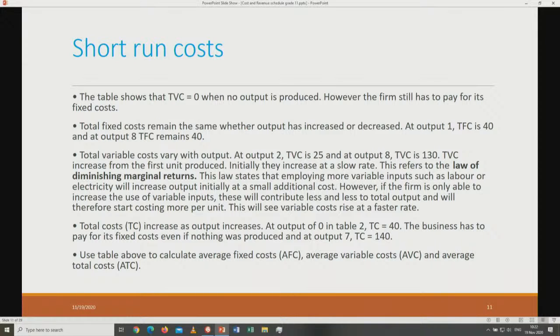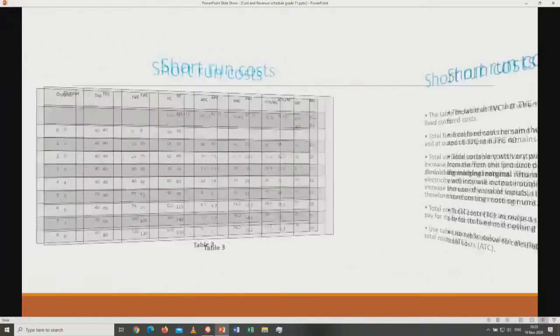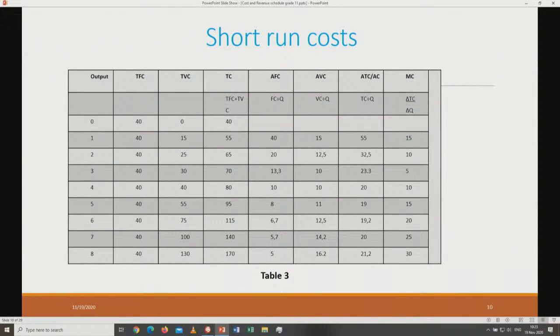Like your total cost, you need to add your total fixed cost plus your total variable cost. Let's just go back again. For you to get the total cost here of 40, you add 40 and 0, it gives you 40. The next one, you add 40 and 15, this is what you get.